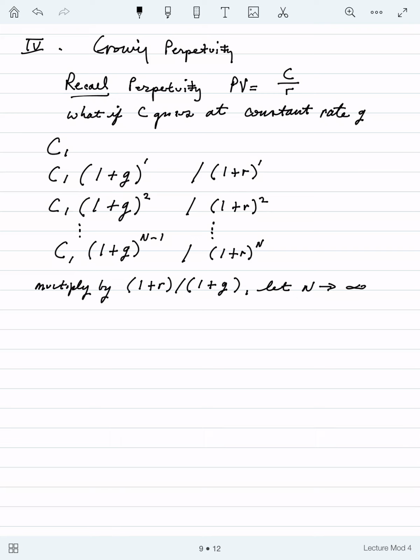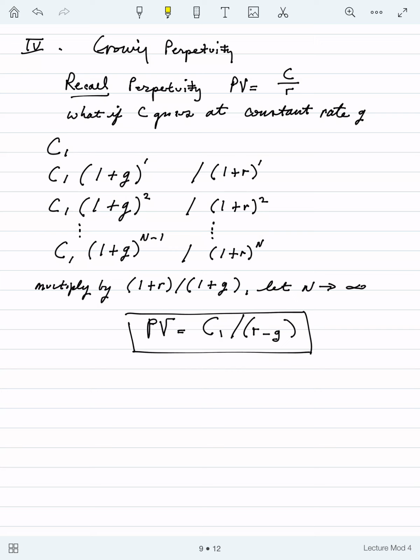This is the same approach we used before with the perpetuity. Okay? And what you'll get is the perpetuity formula, which is the present value is the cash flow, okay, over r minus g. So this is the formula that we need to know, okay, for a growing perpetuity.